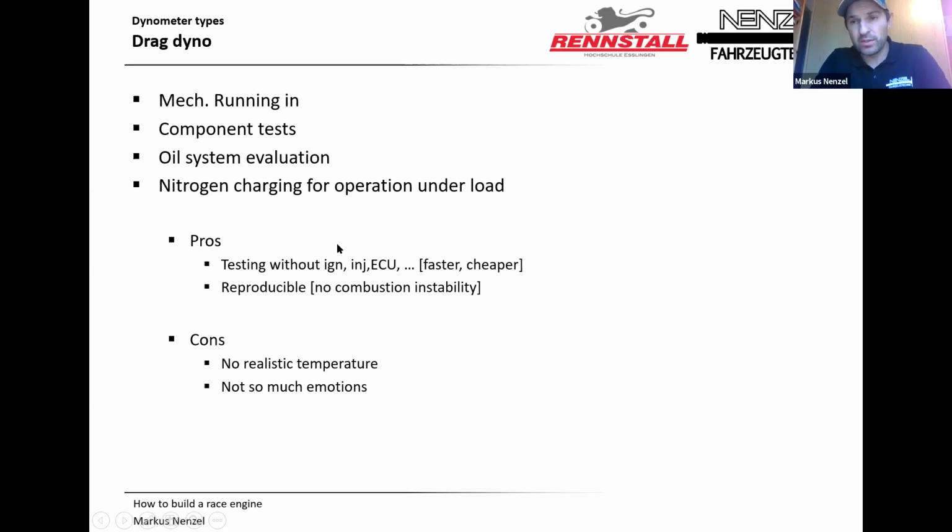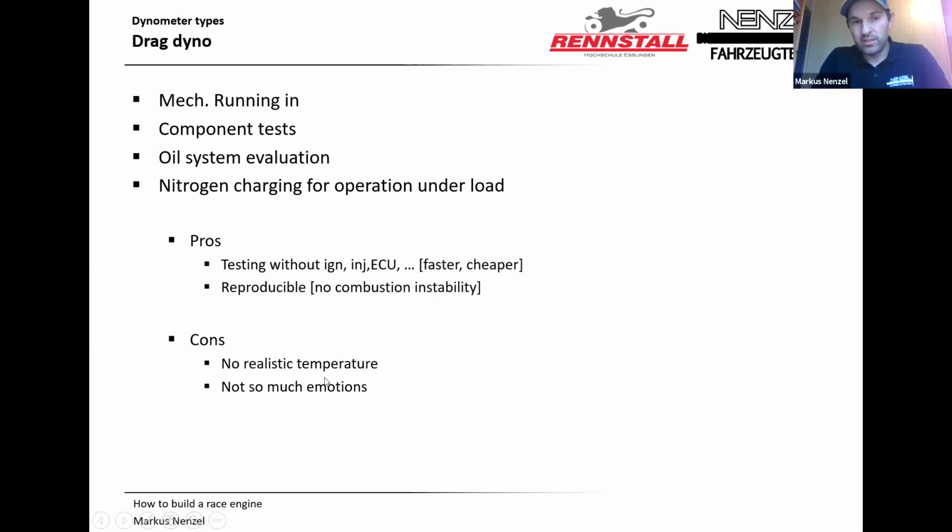The big pros of a track dyno is that you can test early in the season, early in the winter, because you need no injection, no ignition, no ECU, and therefore it's quite easy to build up because it's not so complex, and you save a lot of money, for example, because you need no fuel and not so many sensors for analysis.